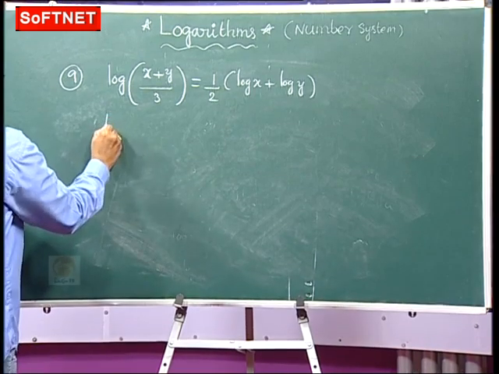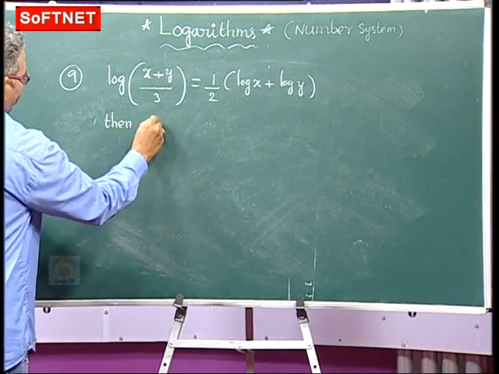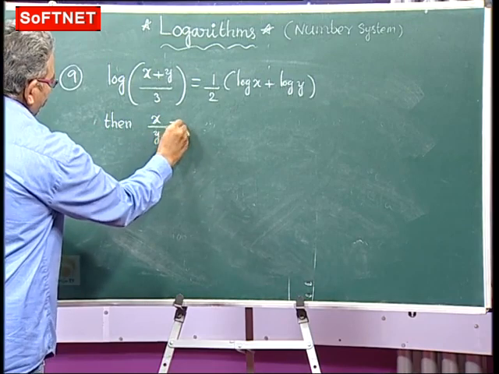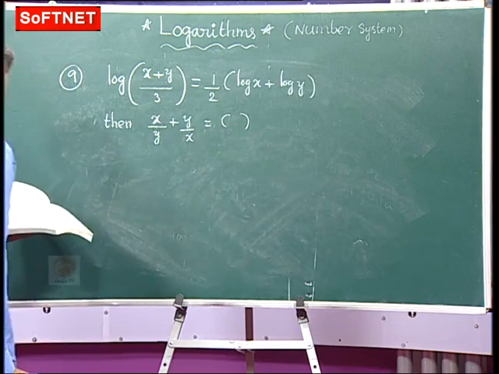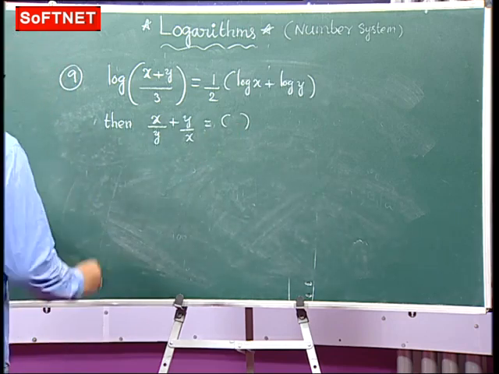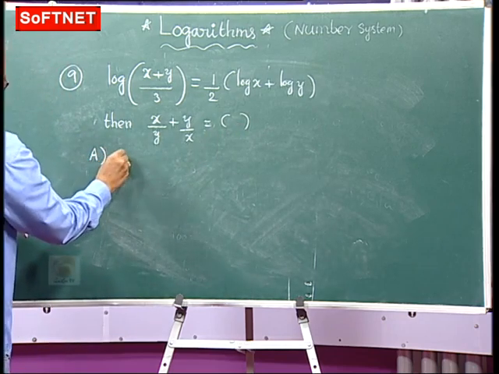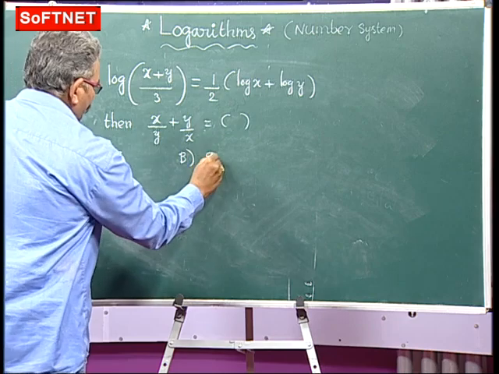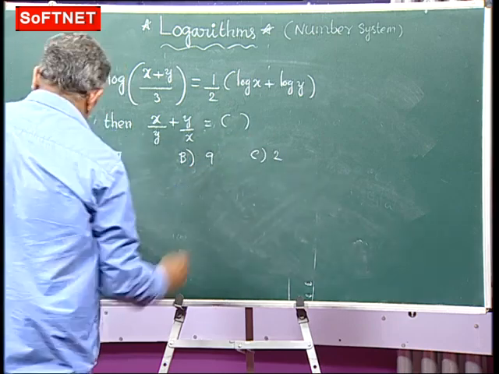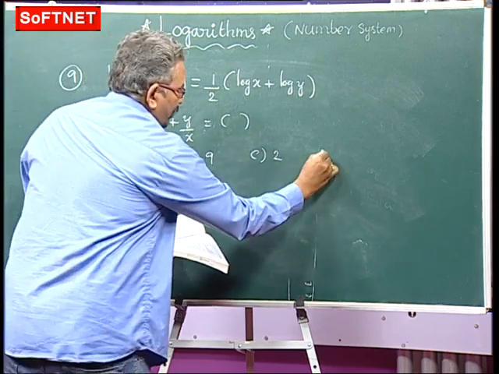Then x by y plus y by x is equal to: A 7, B 9, C 2, D 3.